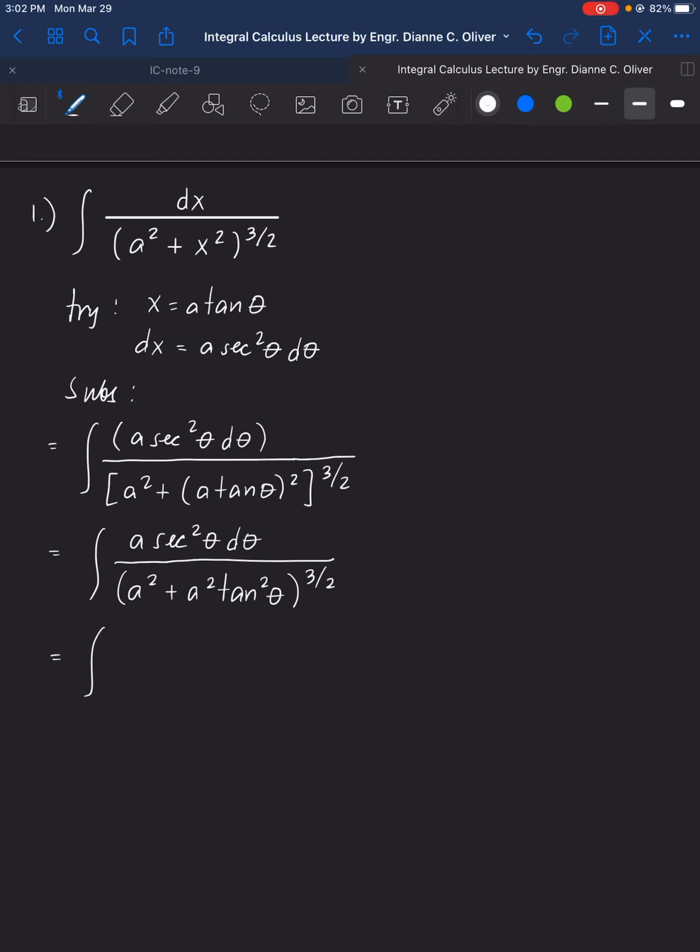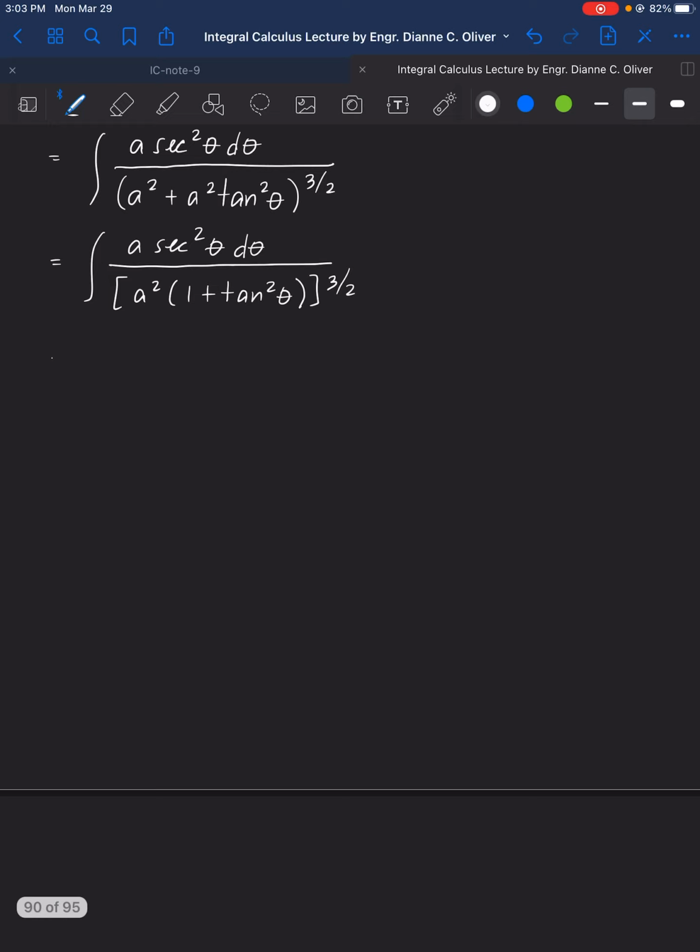That's equal to a secant squared theta d theta. Then we will bring out a squared. So what's left here is 1 plus tangent squared theta raised to 3 halves.